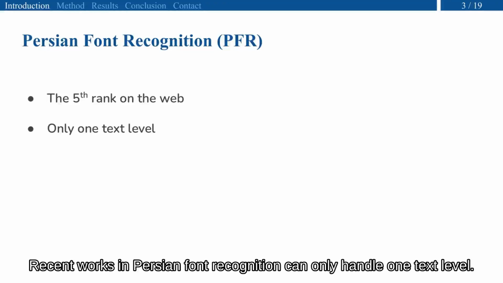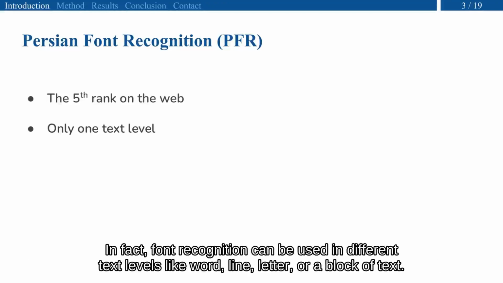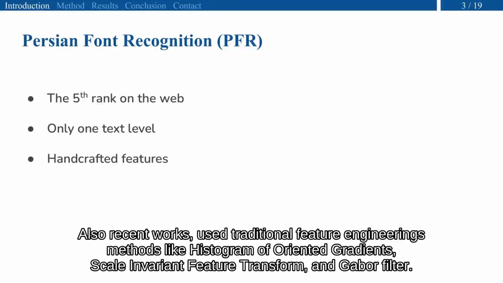Recent works in Persian font recognition can only handle one text level. In fact, font recognition can be used at different text levels like word, line, letter, or block of text. Also, recent works used traditional feature engineering methods like histogram of oriented gradients, scale invariant feature transform, and Gabor filter.